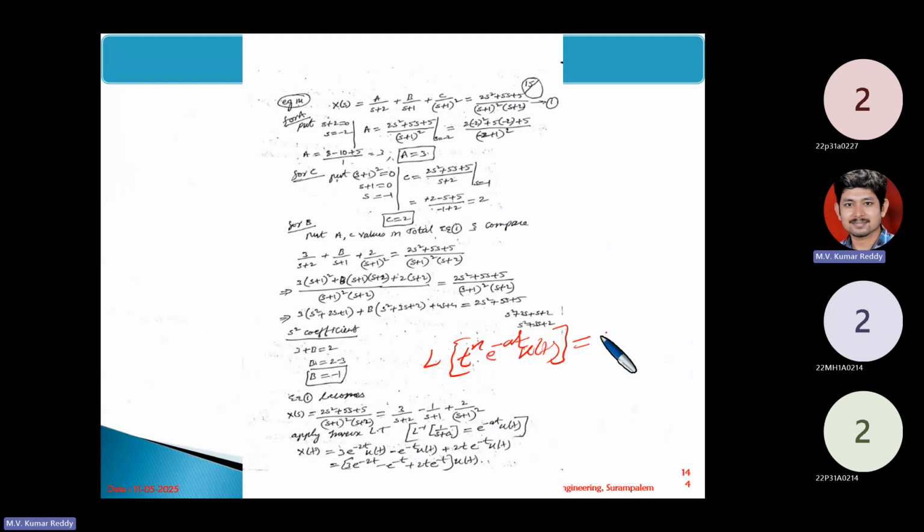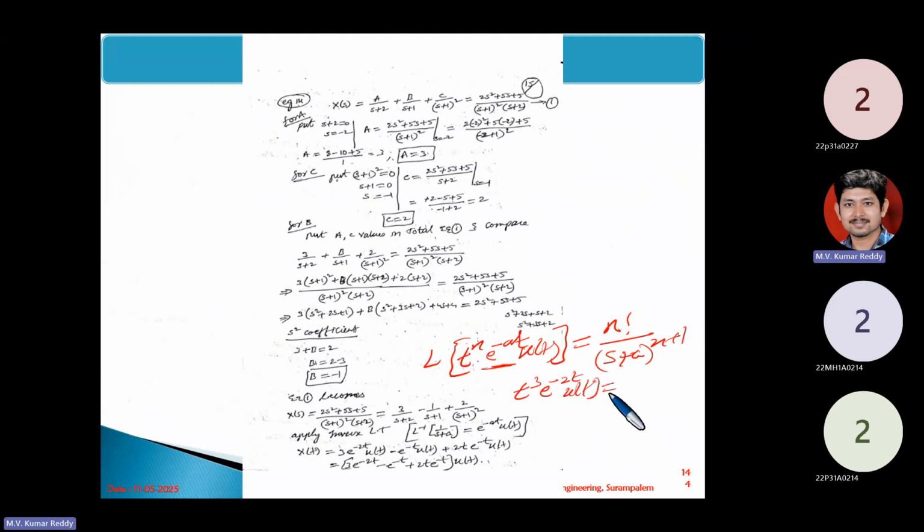For n, you have to write n factorial. This is very important: n factorial by s plus a whole power n plus 1. For minus a, it is plus a, whole power n plus 1. Suppose it is t cube e power minus 2t u of t.